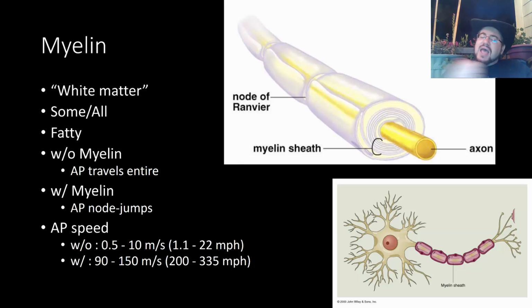That's really important because I kind of want the information of me stepping on a rusty nail right away, right? I don't want to have to wait for the delay of that signal being sent all along each and every neuron.